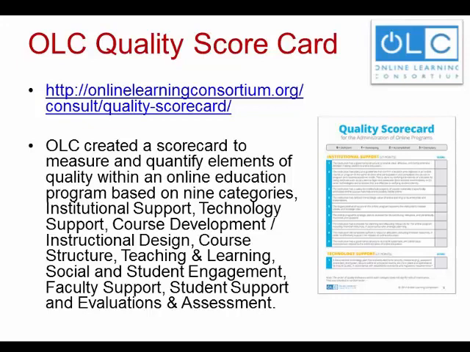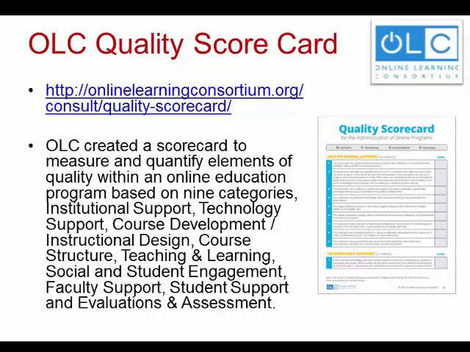OLC has a journal in the area of online learning, 2 or 3 conferences, and a lot of initiatives, research, workshops, and webinars. If you're especially interested in online learning, I would definitely recommend you look at them. The one that I want to introduce you to is the quality scorecard. They also have another rubric, but this is the one.